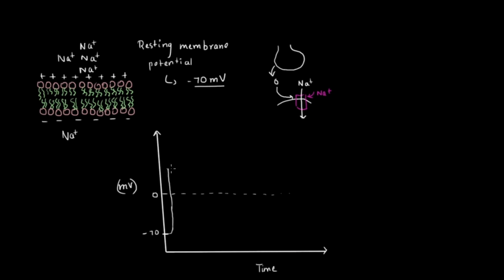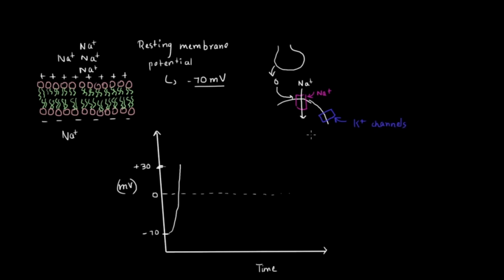As the membrane potential increases, it goes to about positive 30, and at this positive 30, some other channels, which are the potassium channels, open. These are voltage gated potassium channels. As the voltage increases and reaches positive 30, this opens these K plus channels.